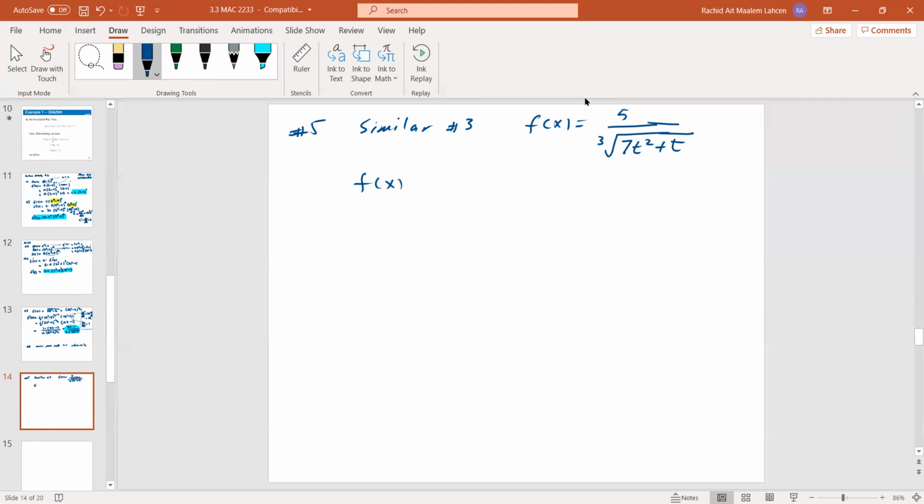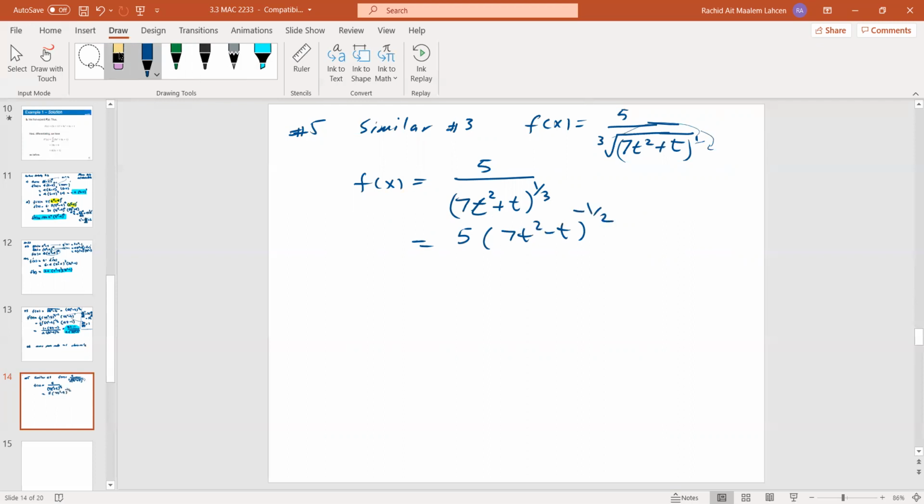So f of x is 5 over the cube root of 7t squared plus t. Of course, you look at this exponent here, it's 1 over 3. So this 3 comes here, 1 over 3. And if it's that, then it's 5 times 7t squared plus t to the negative 1/3.